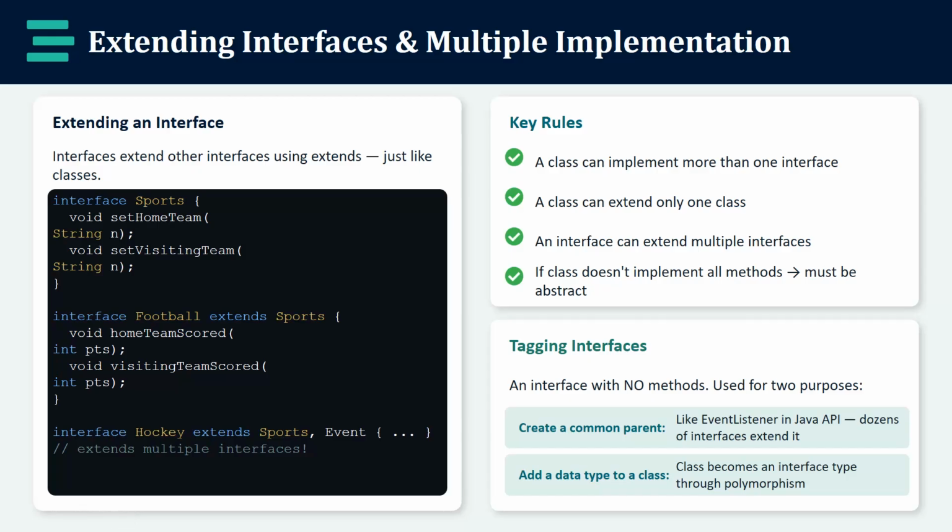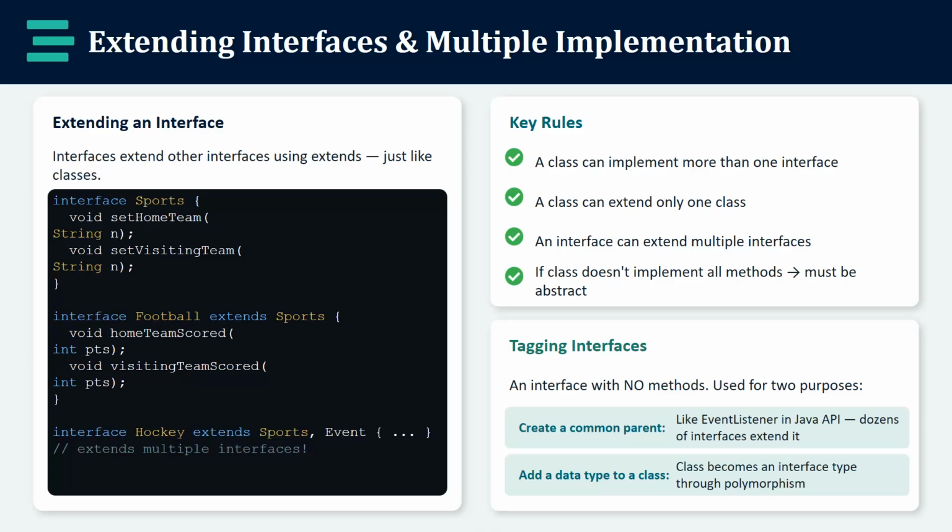How do you tag the interfaces? So we only tag interfaces that don't have methods. And this can be done for two purposes. One, by creating a common parent, and two, by adding a data type to a class.